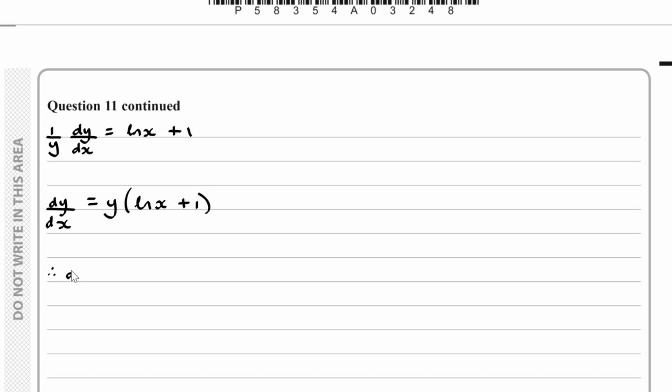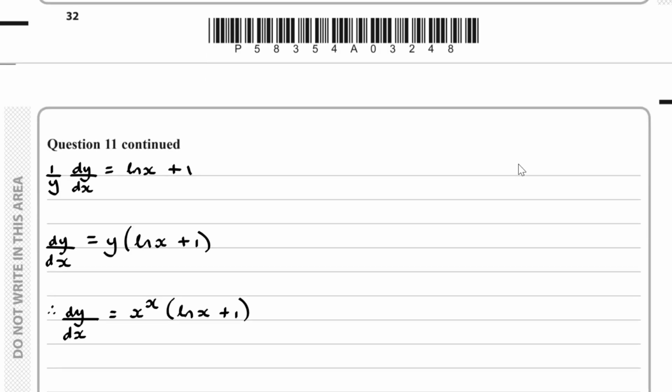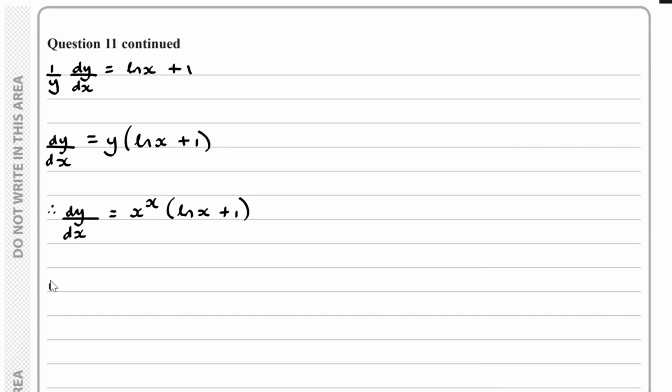So therefore, dy over dx is equal to x to the power of x times by the natural log of x plus 1. Okay? And for a turning point, dy over dx is equal to 0. So we have x to the power of x times by the natural log of x plus 1 equals 0.